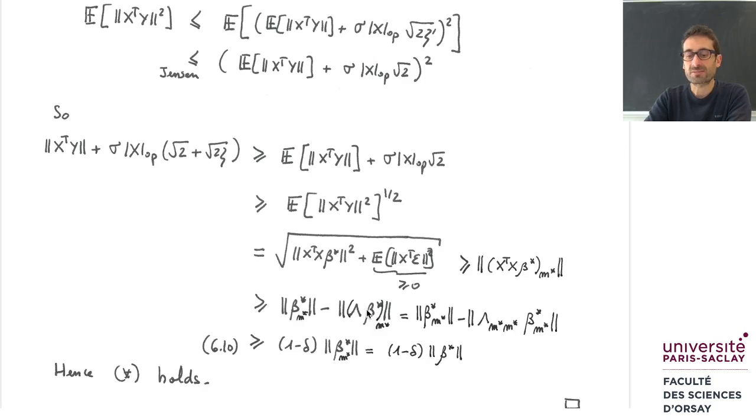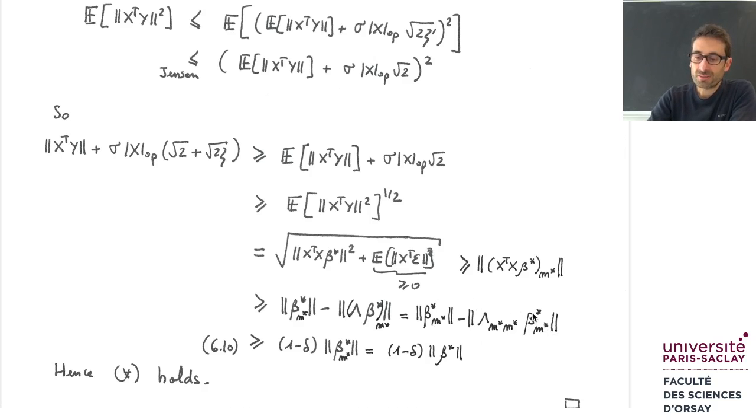And then I have the product of lambda and beta star, but I remind you that beta star has a support which is m star, so I only have to take the product between the columns of lambda which are in m star and the indices of beta star which are in m star, because all the other products are equal to 0, right? So this quantity is equal to this quantity, right? It is not clear, you should check it with your pen.